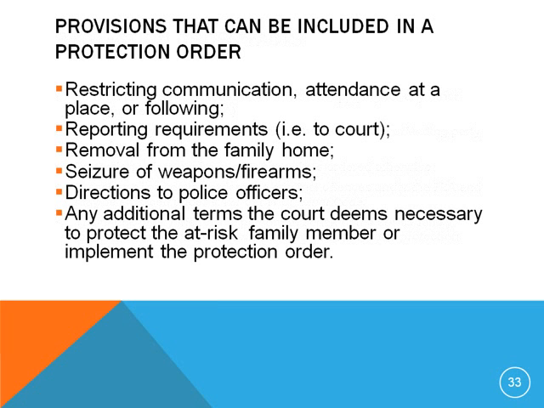They can include directions to police officers about what to do if the offending party is in violation of the order. And it can really be a bit creative in terms of additional terms the court deems necessary to protect the family member in their particular situation.